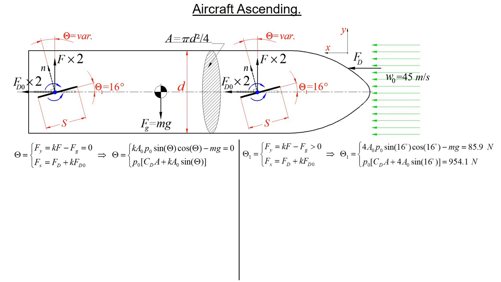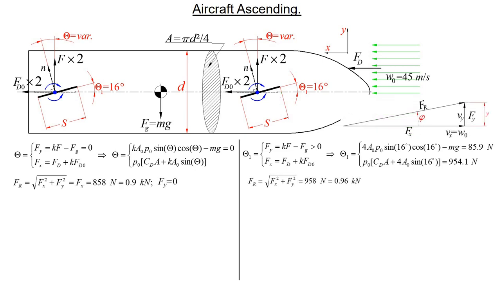The juxtaposition between straight and level flight position and ascending at a steady and equal velocity: engine thrust equals drag force values. The resultant force of ascending aircraft mode is higher even if velocity is the same in both situations. Ascending angle phi is solved according to the rule of tangent to a right triangle.